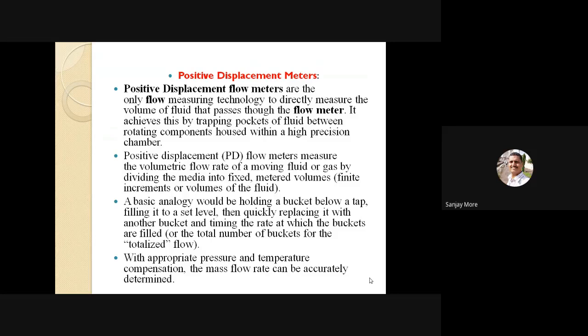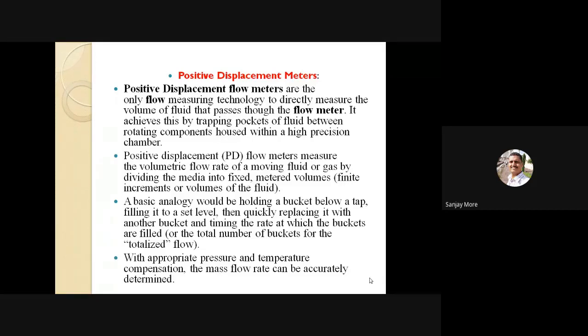Liquid or gas passes through the flow meter with the help of turbine blades. In that, small pockets are attached with high precision chambers, and these pockets measure the flow rate of the fluid.